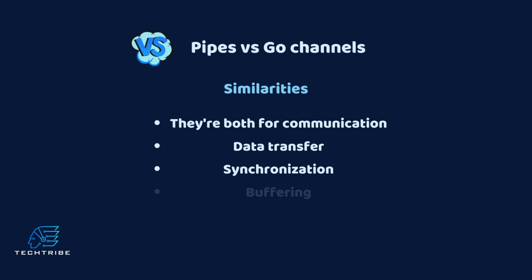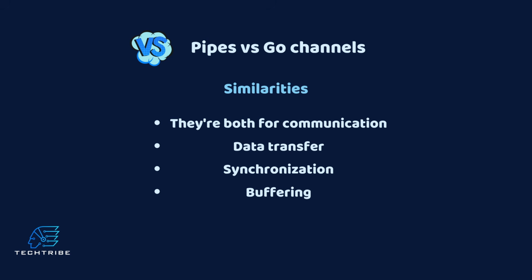Writing to a full pipe or reading from an empty pipe will block the process until the pipe is emptied or the data is sent to it. In a similar way, receiving from an empty channel in Go will block the goroutine until the channel is ready for more data. And buffering. Pipes and channels can be buffered, which means they can store data before the receiver is ready.